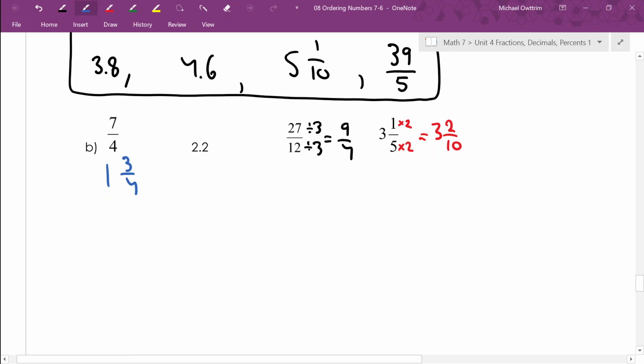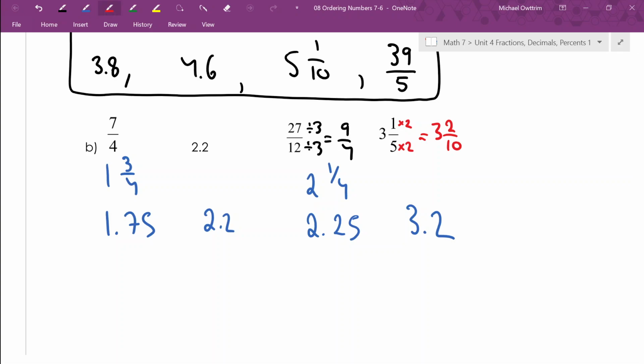And I know that 3/4 is 0.75. This one's 2.2 already. I'm going to leave that as a decimal. This one is going to be 2 1/4, 2 being 8 fourths, and then 1 extra fourth there. So this is 2.25. And this one here is 3.2.